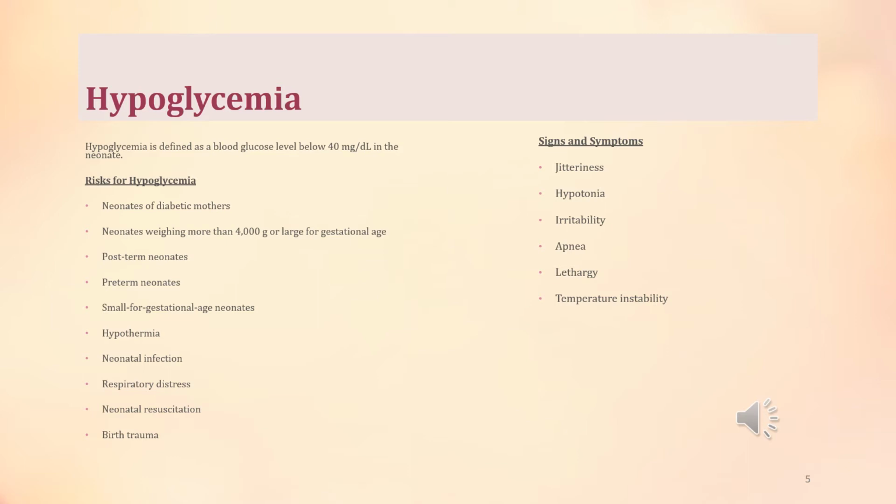So our baby's jittery, hypotonia, meaning he's floppy, he's not flexed, irritability, apnea, lethargy, temperature instability. Well, that pretty much applies for all the different kinds of problems that we may have with babies.